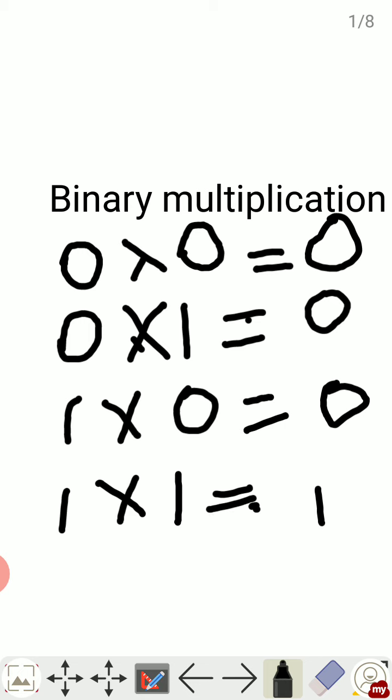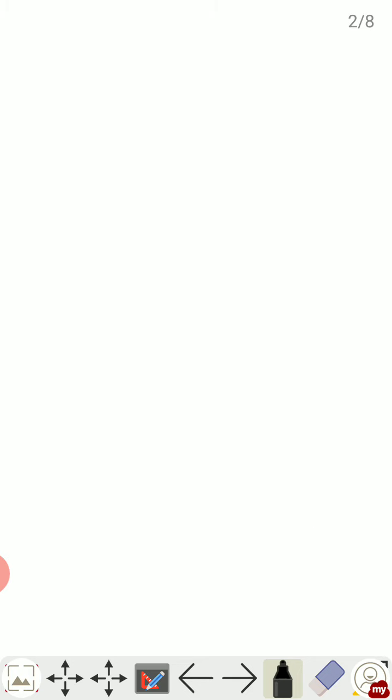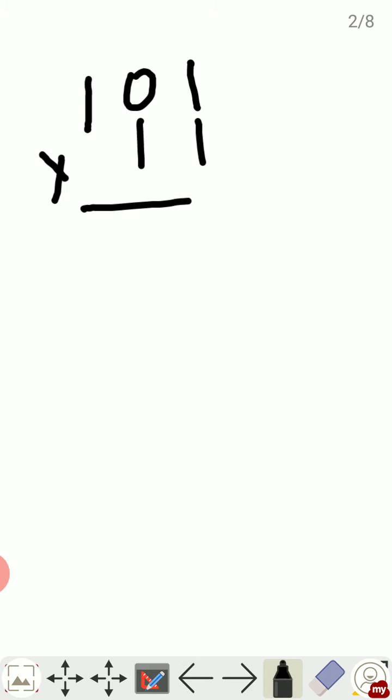So let's understand this taking an example. Suppose we want to multiply 101 into 11. So 1 ones are 1, 1 zeros are 0, 1 ones are 1.